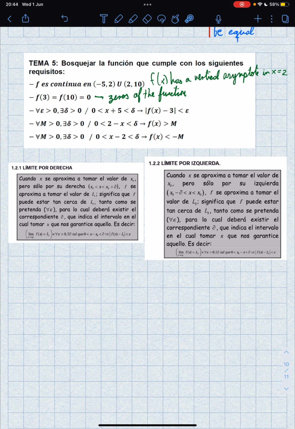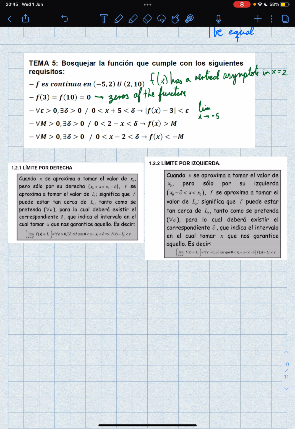Remember, every time that you have this expression, x plus 5, it means that it is the limit when x goes to -5. Remember that here we have to change the sign. I don't know if you remember the second topic, which was demonstration of limit.